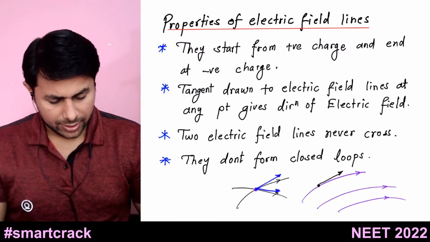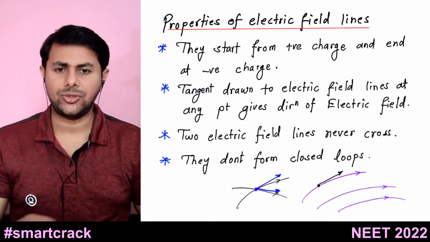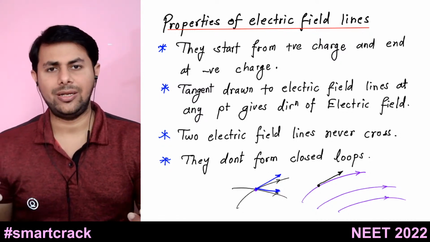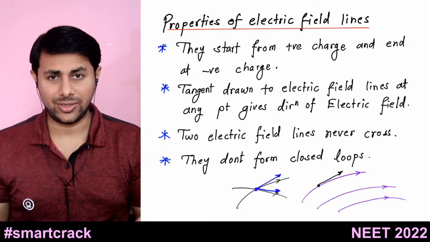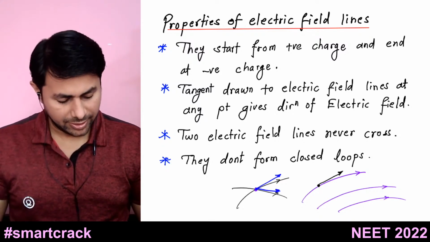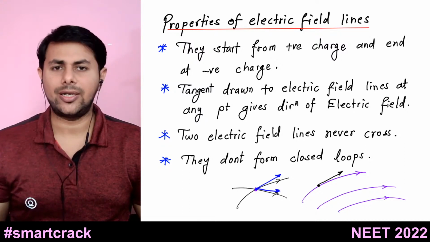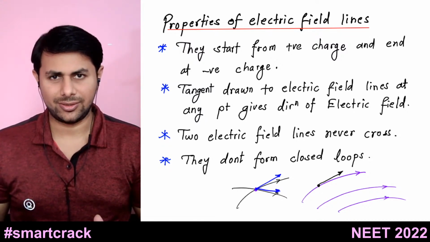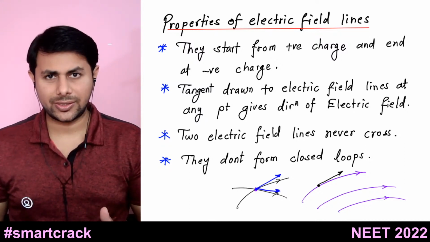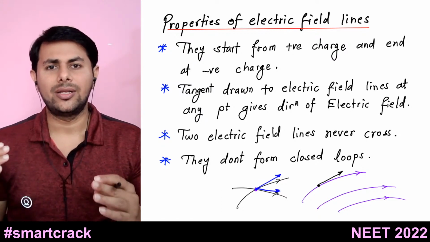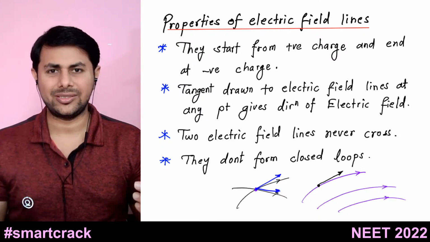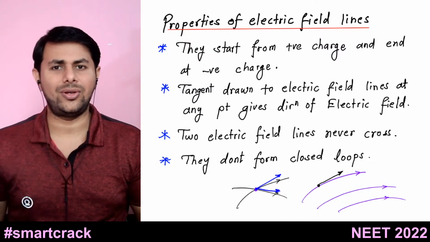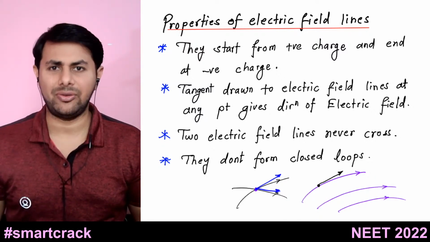The direction of electric field as shown by two electric field lines will be different, and that can't be a possibility. That's why the two electric field lines cannot cross each other. If they cross, they will show two different directions of electric field at a point, but the electric field can have only one possible direction at any given point.